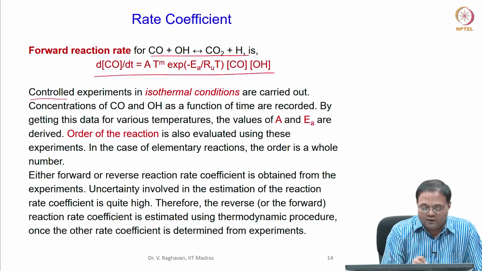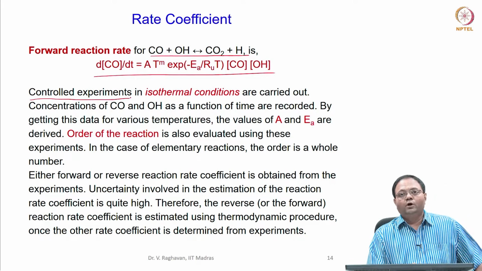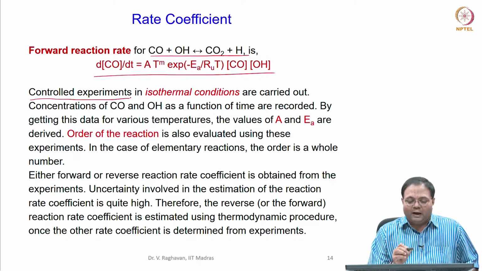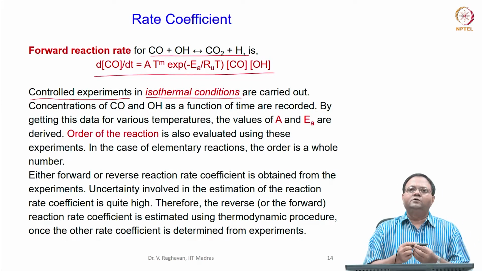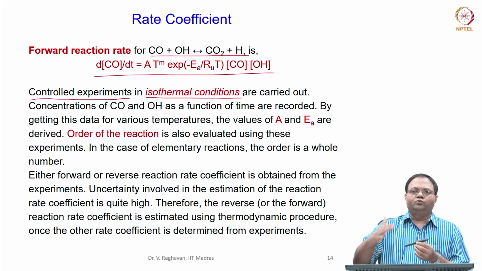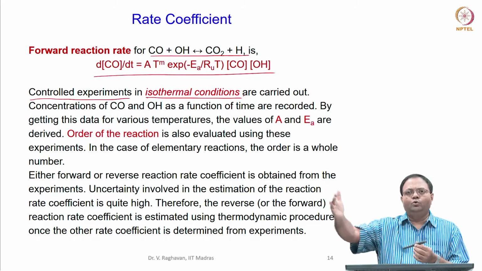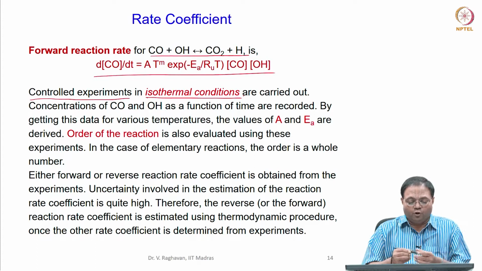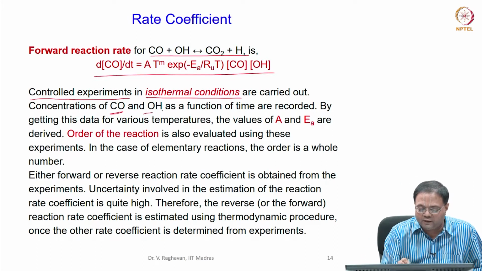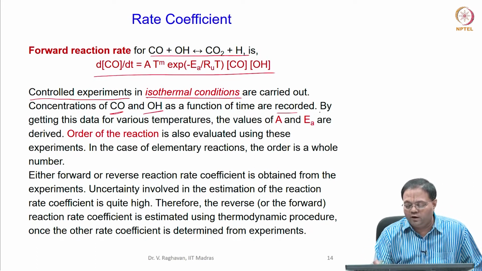So, we conduct controlled experiments under isothermal conditions. We maintain the combustion chamber at several temperatures, starting from say 1000 Kelvin or 800 Kelvin to say 1500 Kelvin or 2000 Kelvin and so on, and the concentrations of the reactants are recorded as a function of time.